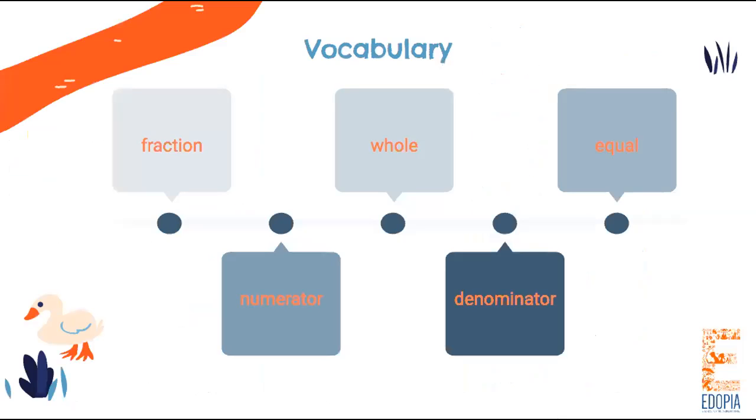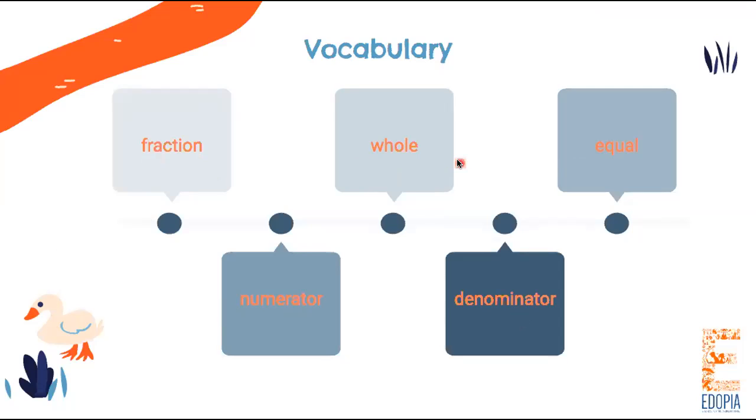Okay, so we need to recap our session today. For today, we learned a few words. These new words were fraction, whole, equal, numerator, and denominator. We learned to use these words in a new dimension today.